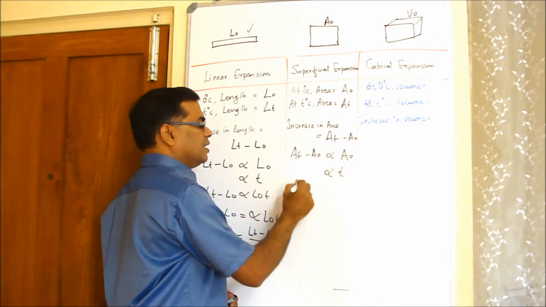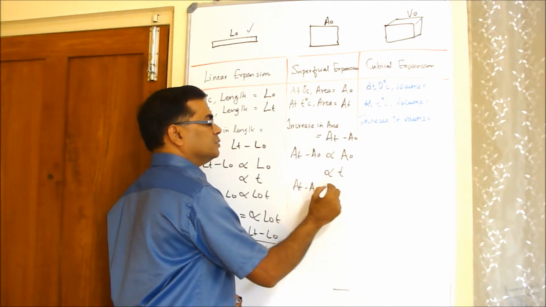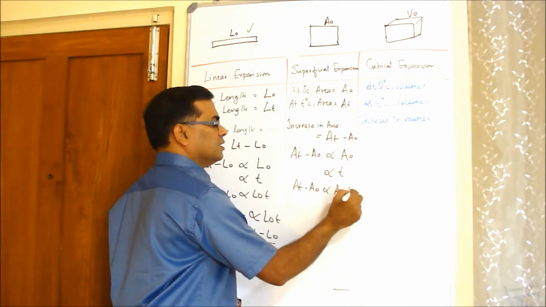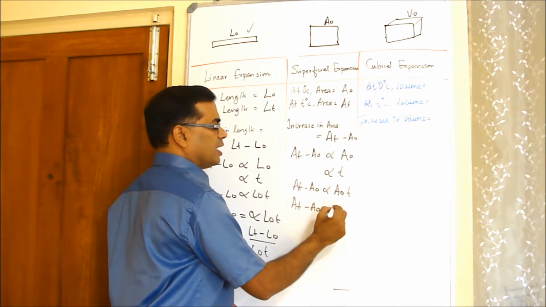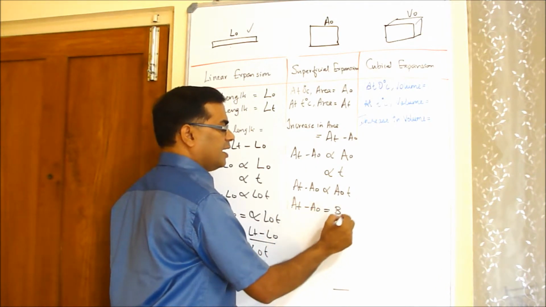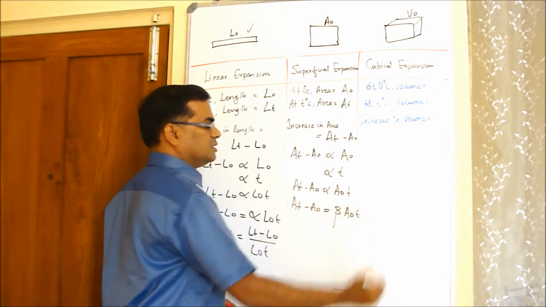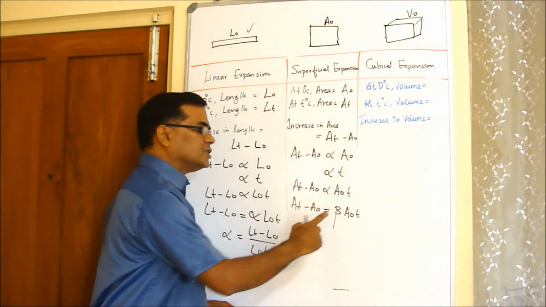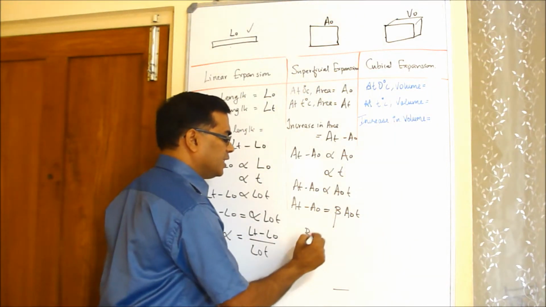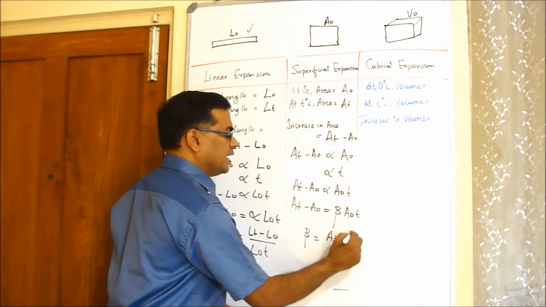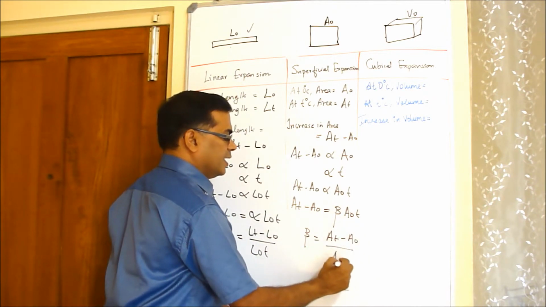Writing it together, the increase in area is proportional to A0T, or AT minus A0 is equal to a constant beta into A0T. The constant beta is called coefficient of superficial expansion. Beta is equal to AT minus A0 divided by A0T.